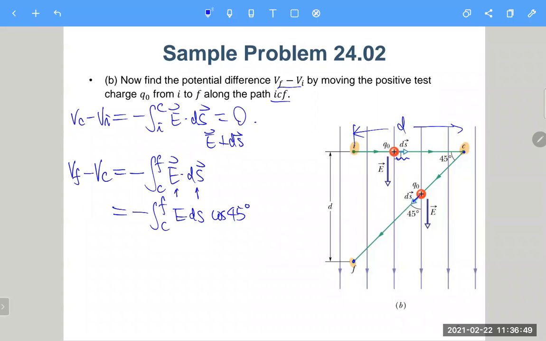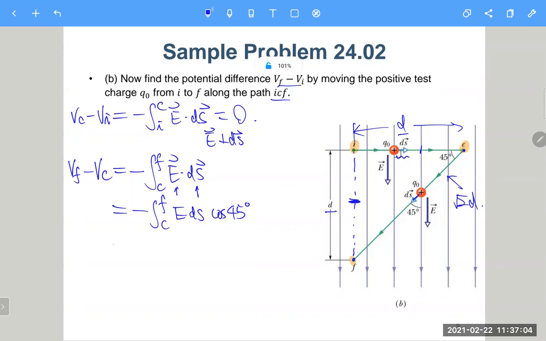As you can see here, in this triangle, this side equals this side. So this is d, this is d. So this path is square root of 2 d. So E dot ds from C to F is E times square root of 2 d, and then cosine 45 degrees is square root of 2 over 2.